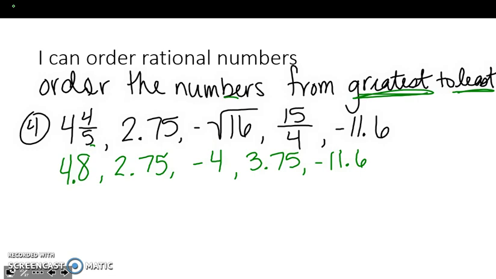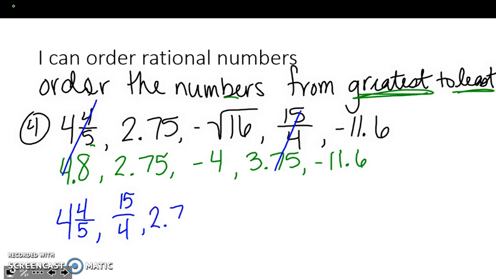Hopefully you can see that 4.8 would be the greatest number there. So 4 and 4/5 would come first. And then 3.75 would come next. And then 2.75 would be after that.